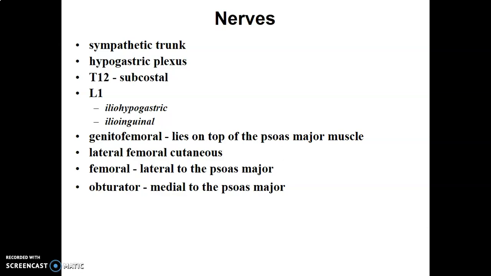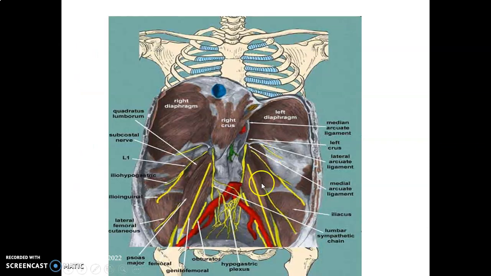So all these are nerves in the retroperitoneum, and from L1, genitofemoral, lateral cutaneous, these are from the lumbar plexus of nerves. You can see here the different nerves. This is your sympathetic chain. This is L1 giving you iliohypogastric and ilioinguinal nerve.